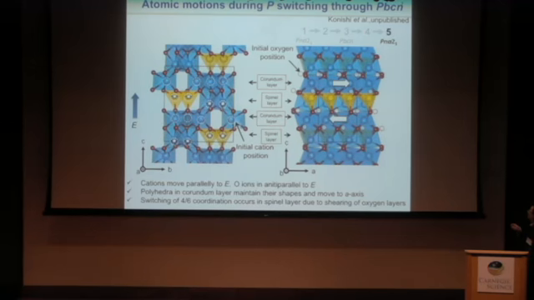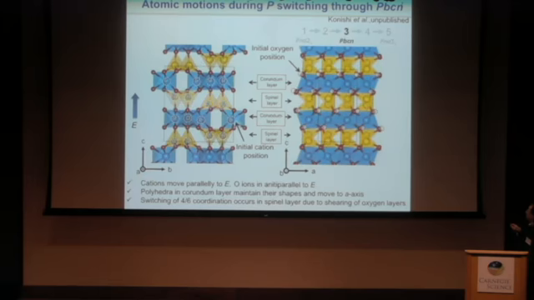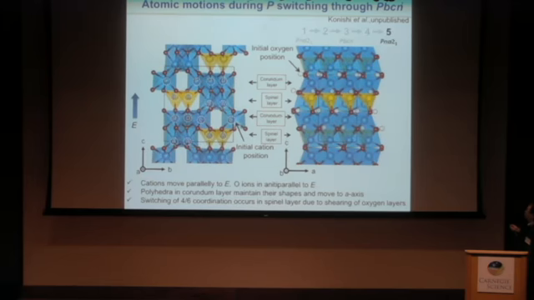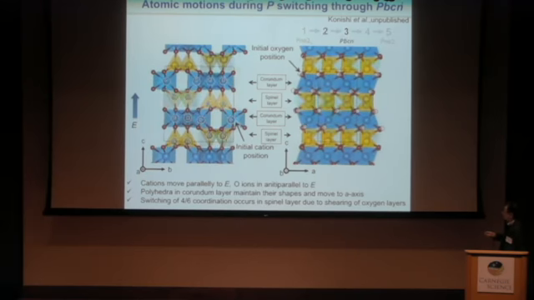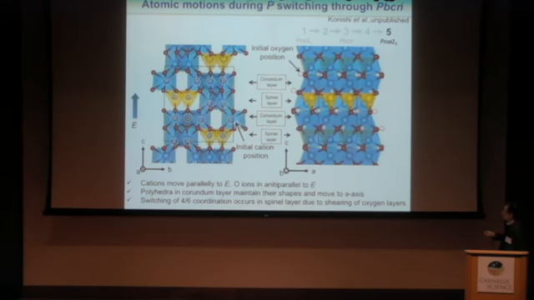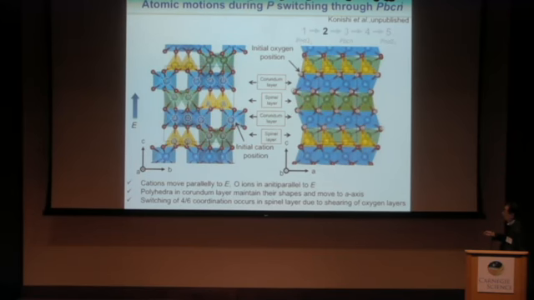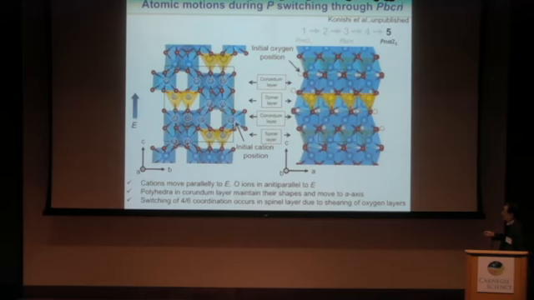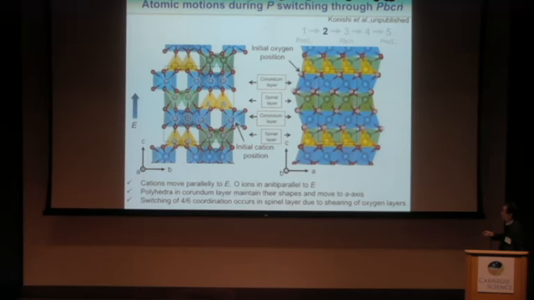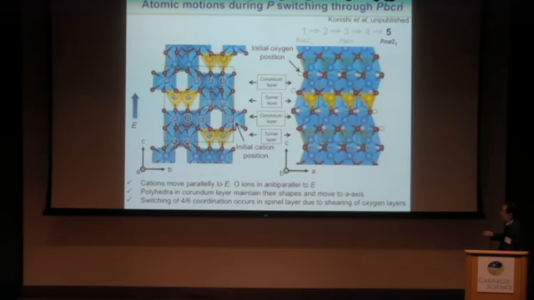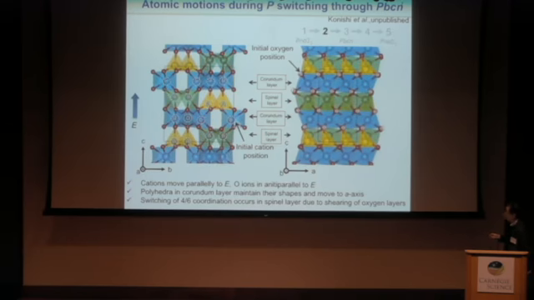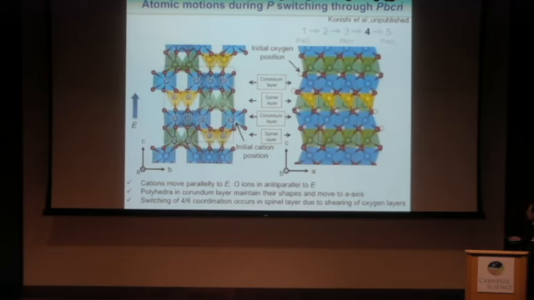And in this model, the intermediate phase during the polarization switching is PBCN. The most important point is that in the spinel layer, you can see the coordination exchange between tetrahedra and octahedra. Originally, this site used to be a tetrahedron, but finally, this site turned to octahedron. And this is the A-axis view.